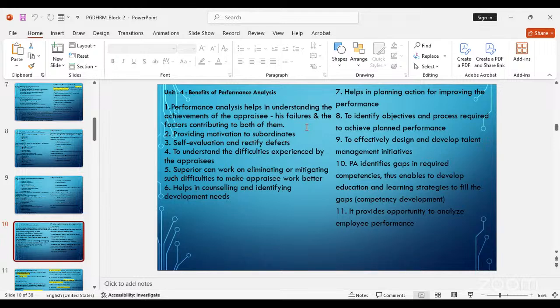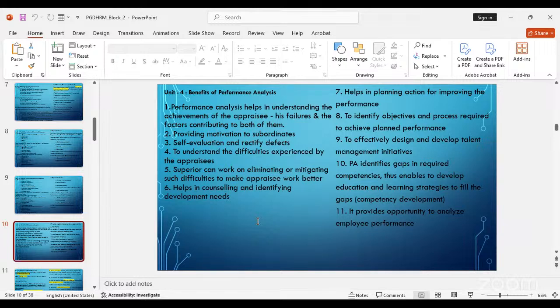It also provides motivation to subordinates, self-evaluation, and helps rectify defects, to understand the difficulties experienced by the appraisee.